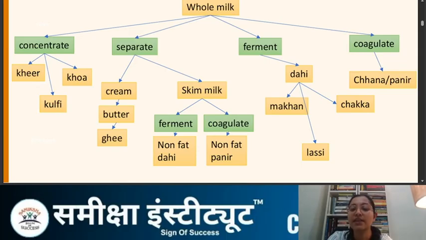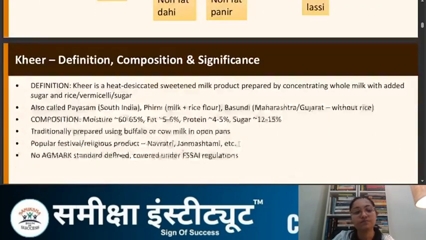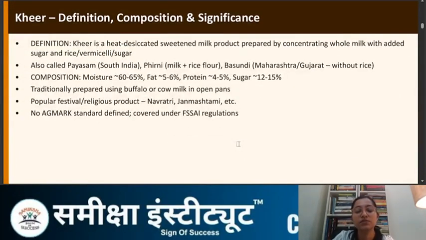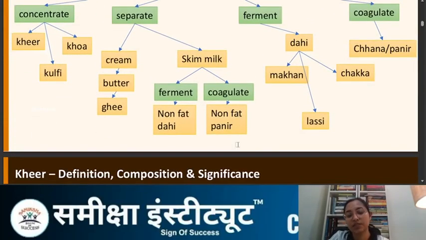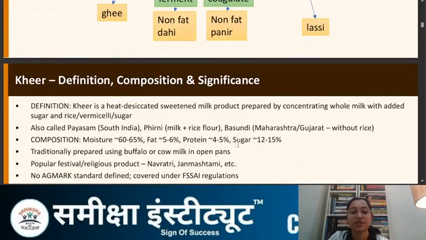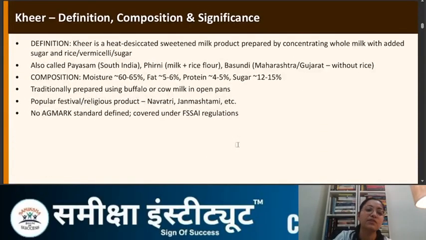They'll only ask which processing is being done, what the basic principle of production is, how we'll produce this, and what the western corresponding products of these Indian products are. So this was the brief overview. Now we'll start with each of these indigenous products, starting with kheer. So what is kheer?